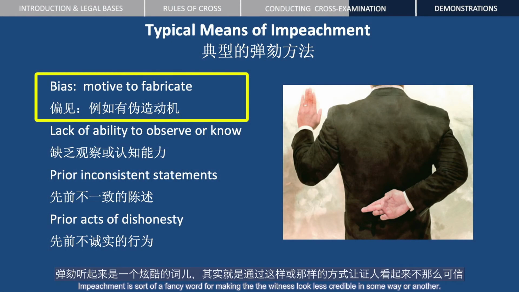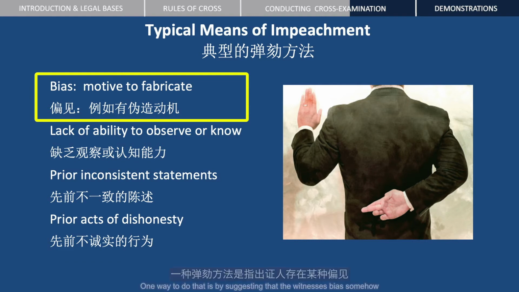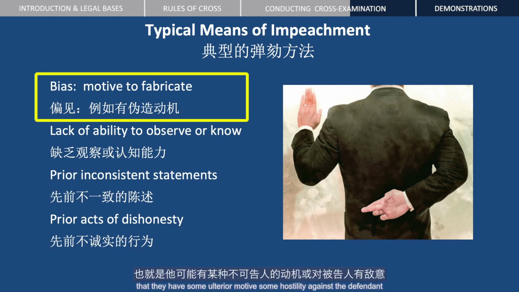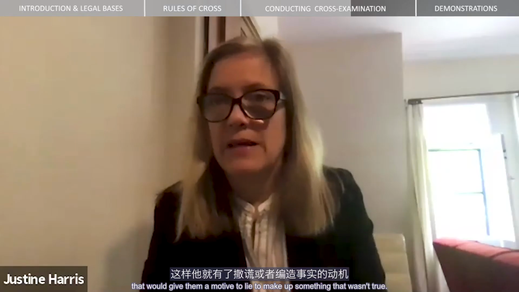Impeachment is sort of a fancy word for making the witness look less credible in some way or another. One way to do that is by suggesting that the witness is biased somehow, that they have some ulterior motive, some hostility against the defendant that would give them a motive to lie, to make up something that wasn't true.